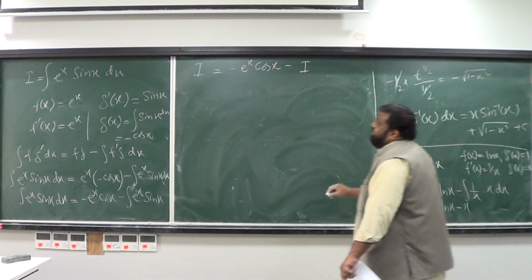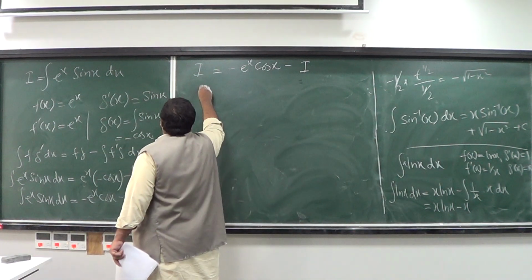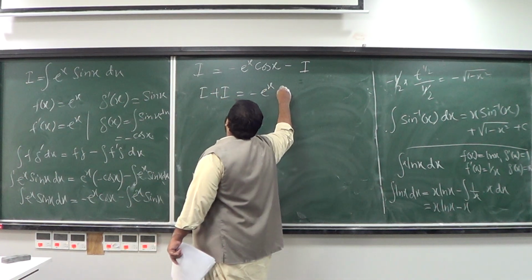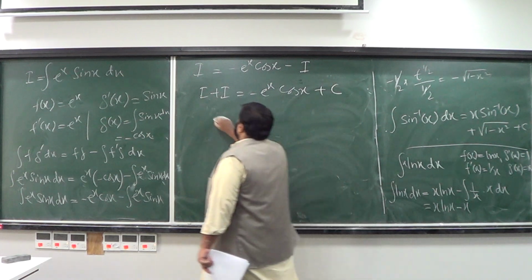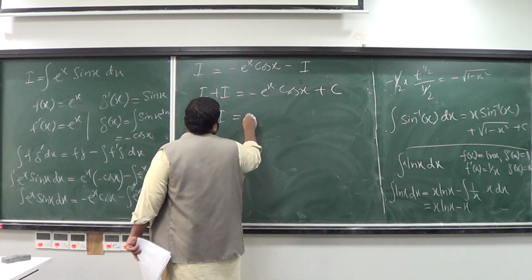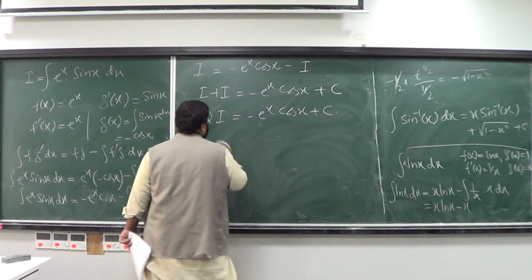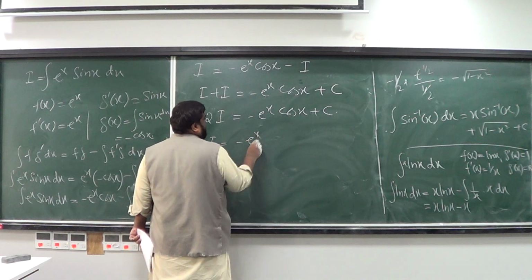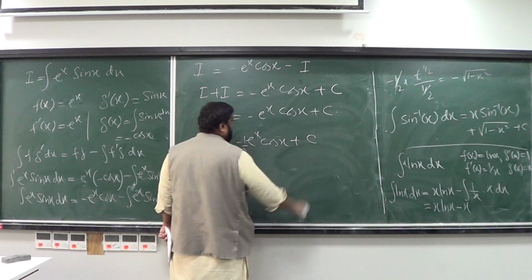And we are interested in finding the value of I actually. So I can take this I and put it on this side, so you're going to get I plus I equals negative e to the x cosine of x plus, say, a constant c. So this will become 2I equals negative e to the x cosine x plus constant c. So I will become minus 1/2 of e to the x cosine x plus c.